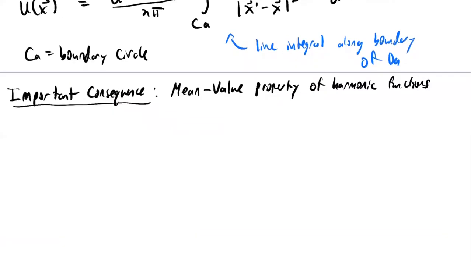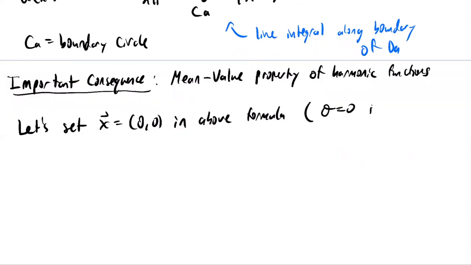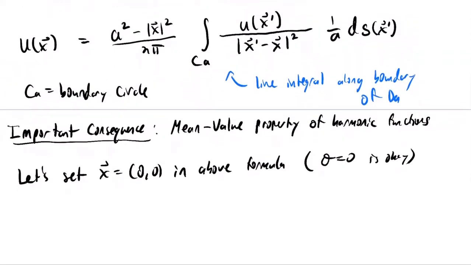Let's set the vector x to be the origin in the above formula. Note that theta equals 0 is okay: if you describe the origin in polar coordinates, you can of course take theta equals 0. So the formula that we have here is valid.